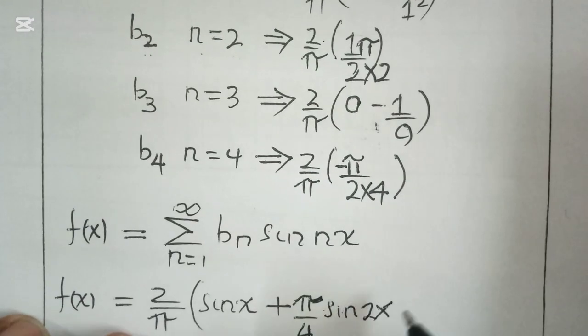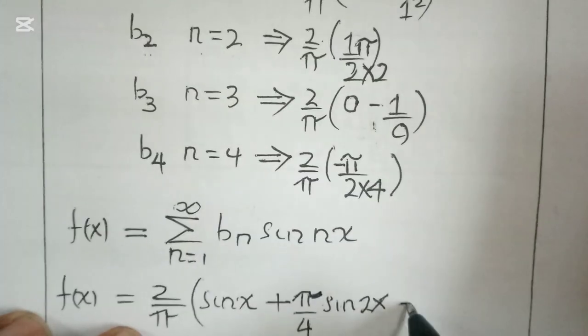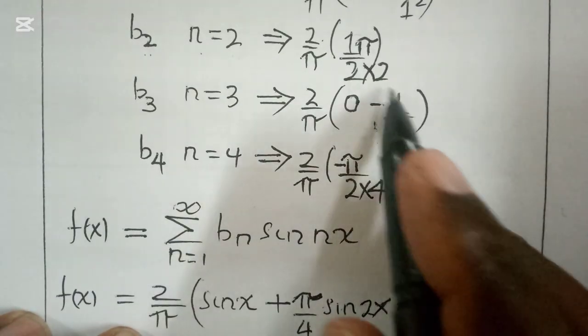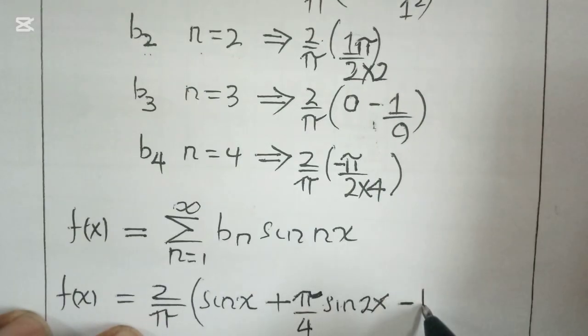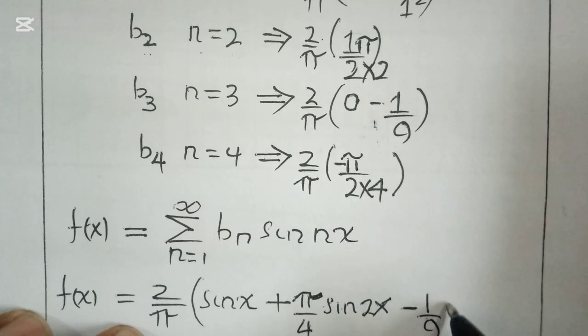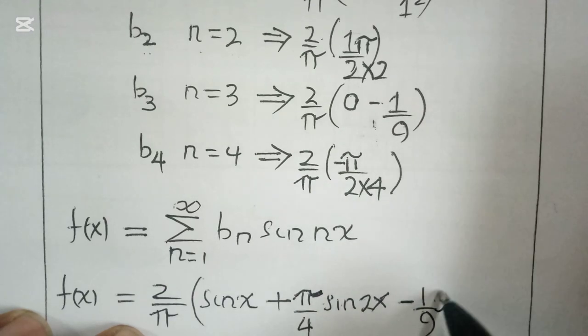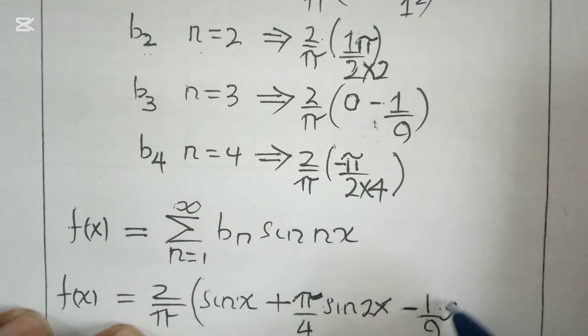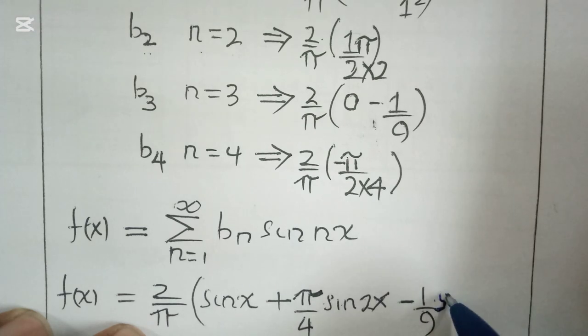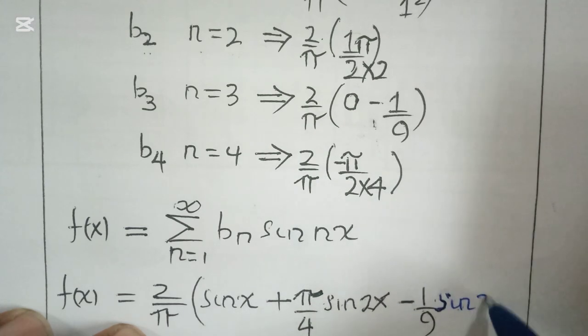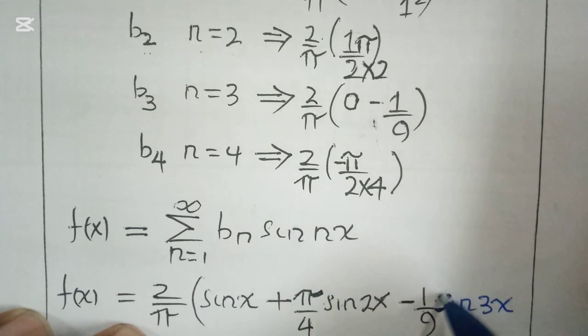Then we go ahead, this one is now minus, this is going to give us now 1 over 9 sine 3x, like that.